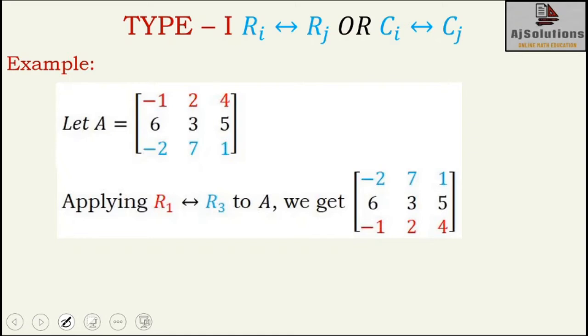So you can see first row of old matrix is third row of new matrix, and third row of old matrix is first row of the new matrix, and this second row is as it is. So nothing but we are interchanging here first row with third row, and we are making a new matrix.